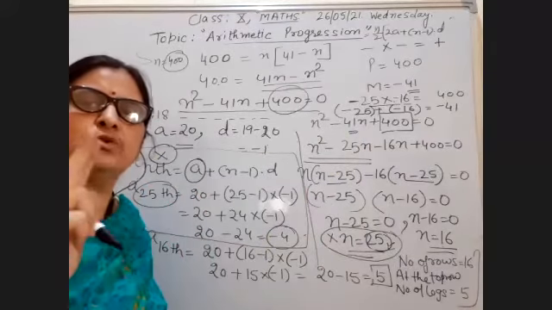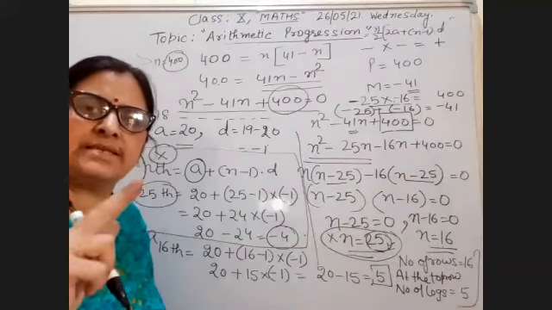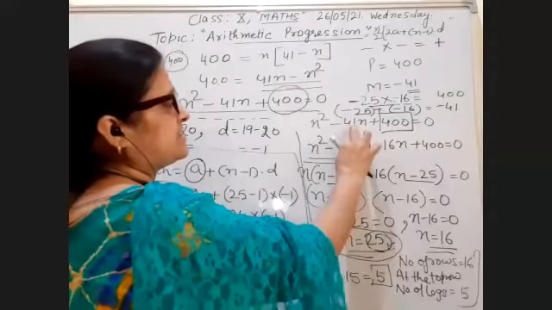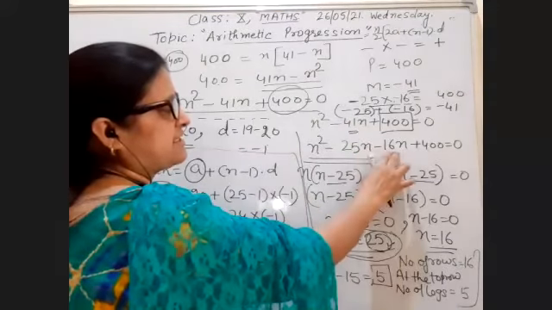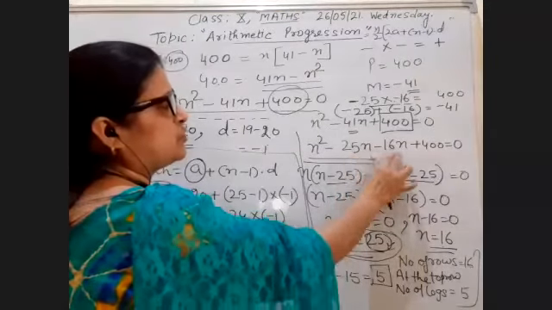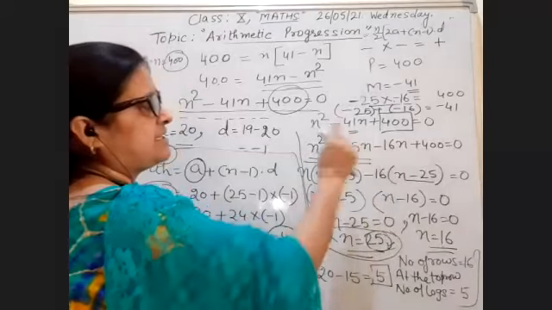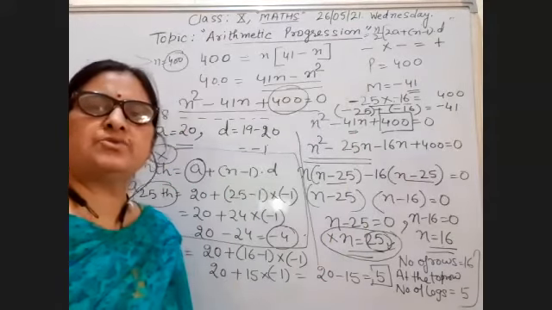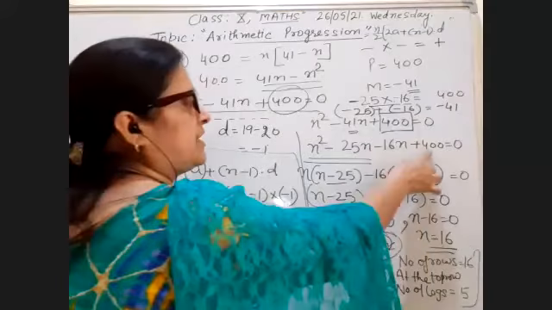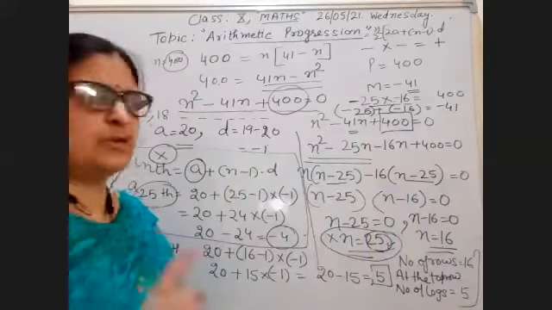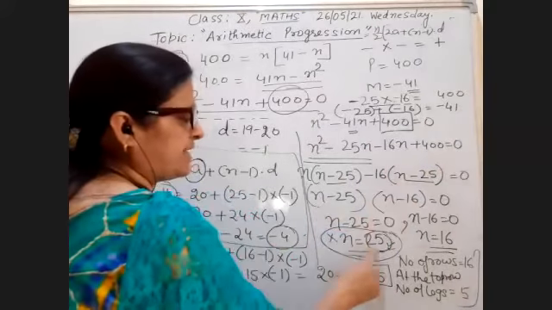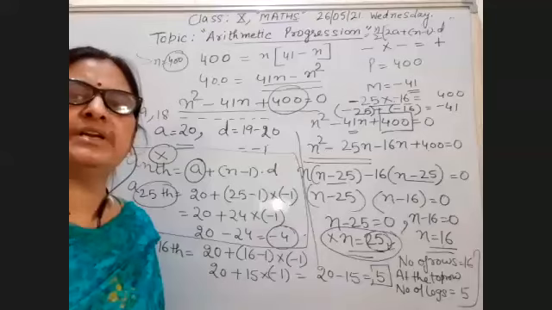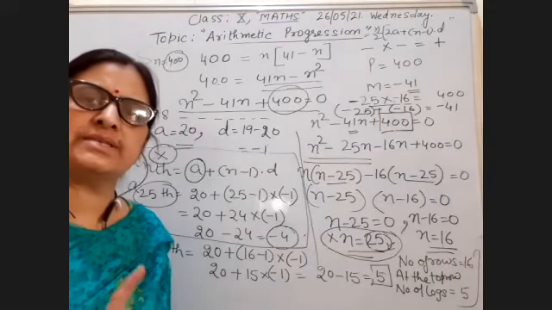So I consider two numbers 25 and 16. When I split 41 into 25 and 16, by adding these two numbers -25 and -16, I get -41, and by multiplying these two numbers, I get the product 400. So I get two roots, n equal to 25 and n equal to 16.